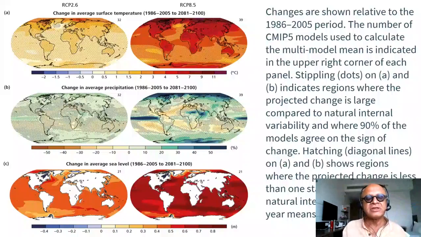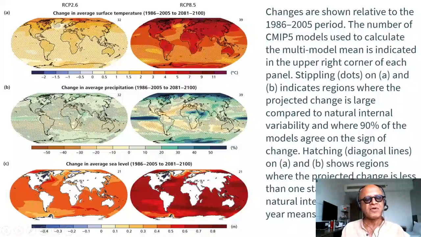Okay, so this is something to keep in mind. And when you look at the change in sea level rise, again, similarly, very few models did the scenarios and projections, and you see that for sea level rise, the spatial differences will make a huge contrast.